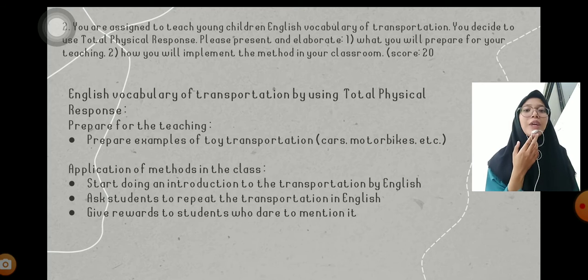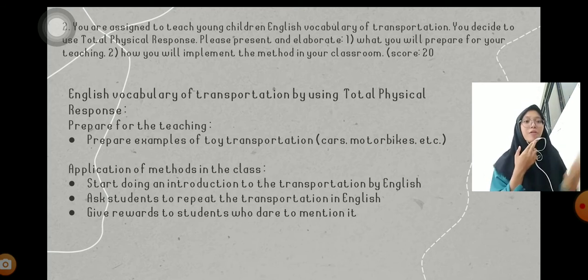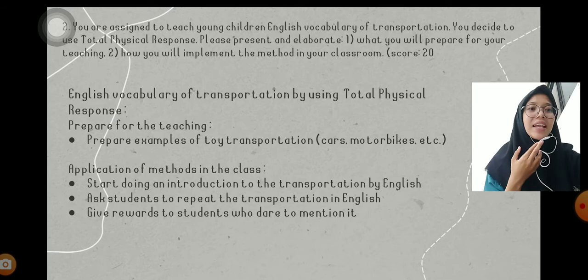The next, give a reward to students who dare to mention it. If we give a reward to the student, the student will also be happy and have more spirit. Okay, this is the answer.